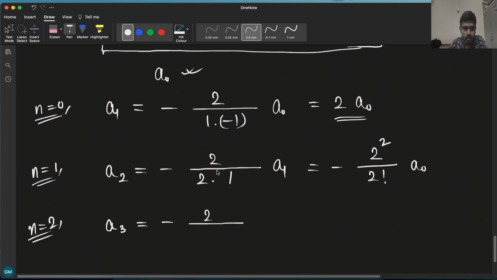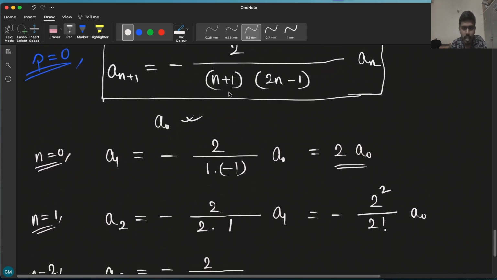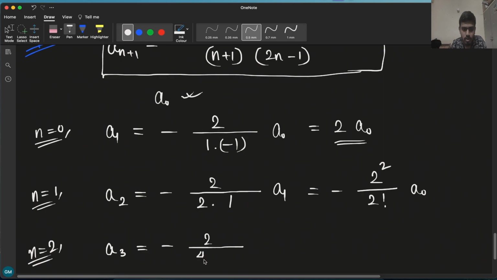So it is then a3 is minus 2 times, okay, n plus 1 is 4 times 2n minus 1, and 2n is 6, sorry, n is 2 here, so n plus 1 is 3, and 2n is 4 minus 1, it is again 3, right, times a2.